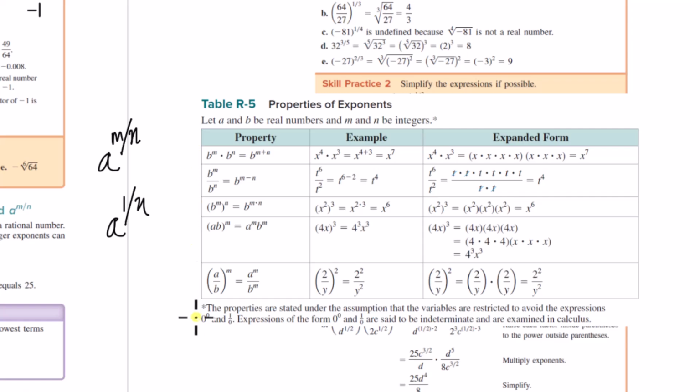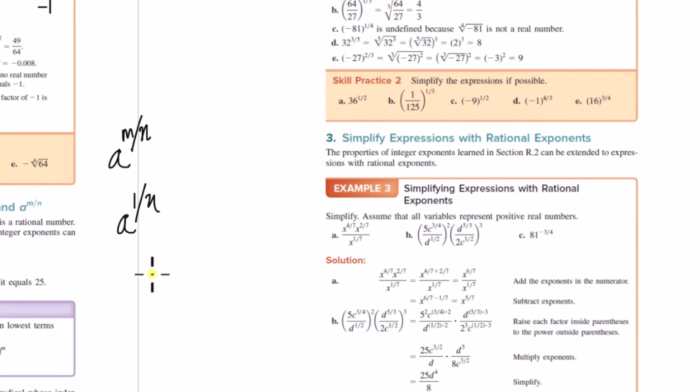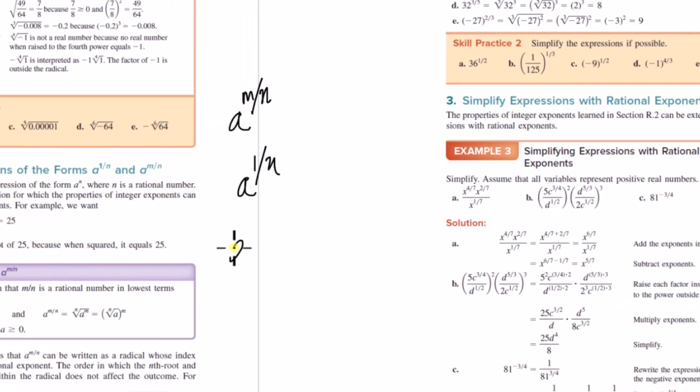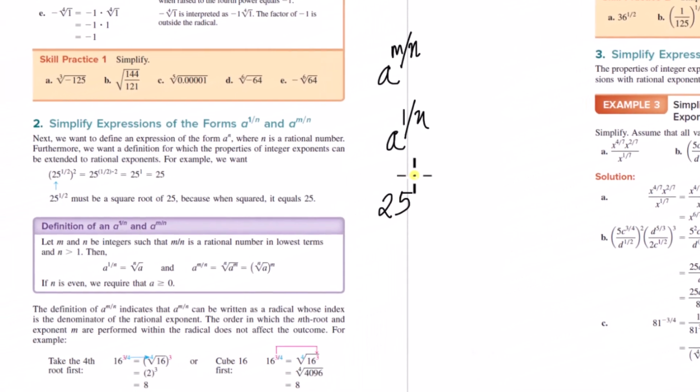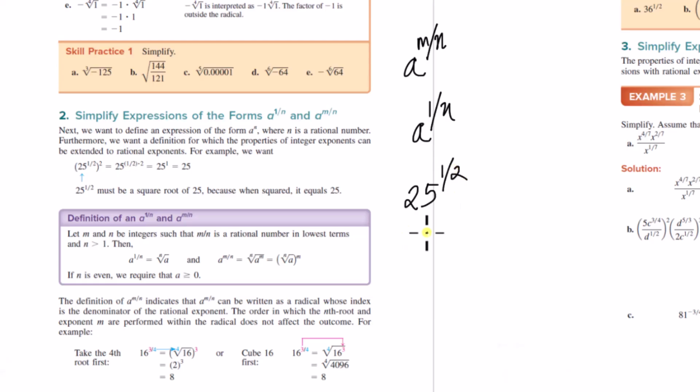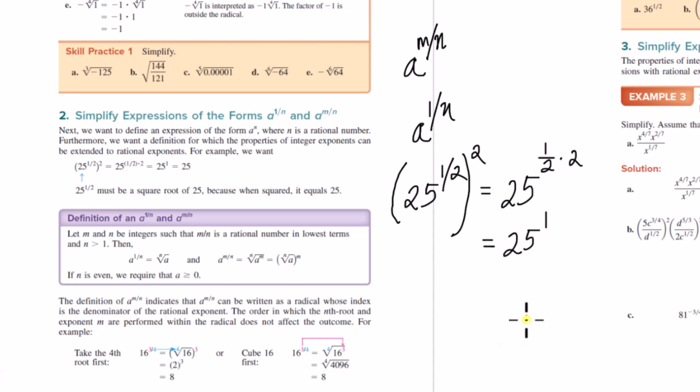So we want whatever this is defined to be to coordinate with these properties. What if we had 25 to the 1/2 power? We have no idea what this means. Well, if we square this, and this is going to coincide with the properties of exponents, then we get 25 to the 1st, which is 25.